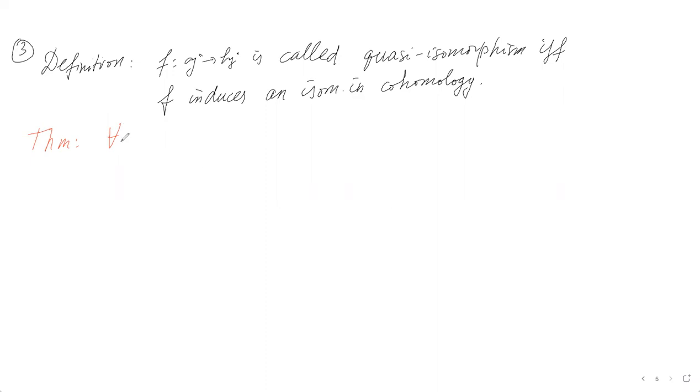So, for every quasi-isomorphism F, there exists G, an L infinity map from H to G, such that the compositions of G and F, and F and G, are homotopic to identity.